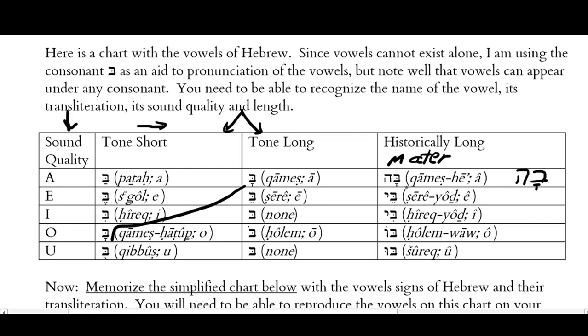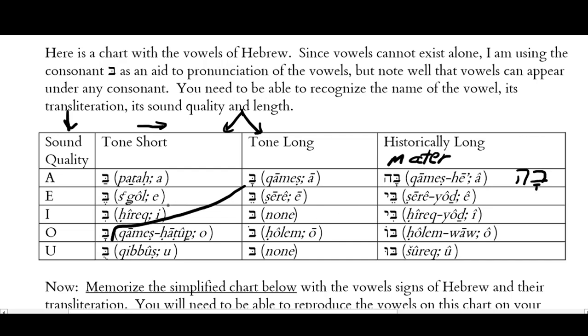Now the next historically long vowel is not merely tsere, and it's not merely yod. It's called tsere yod. It is the combination of the mater yod and the tsere that the Masoretes added. It is transliterated in English as an E with the pointy party hat, and this is pronounced exactly like the tsere in the tone long system. Bay. So a, with the bet, ba, bay.